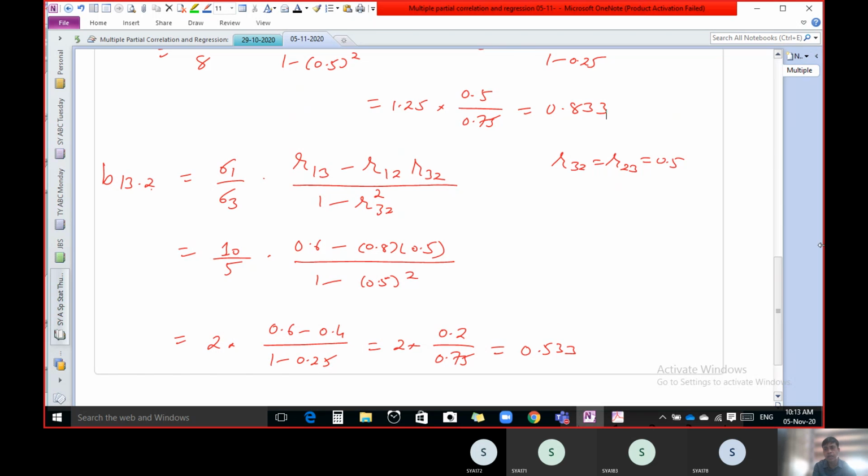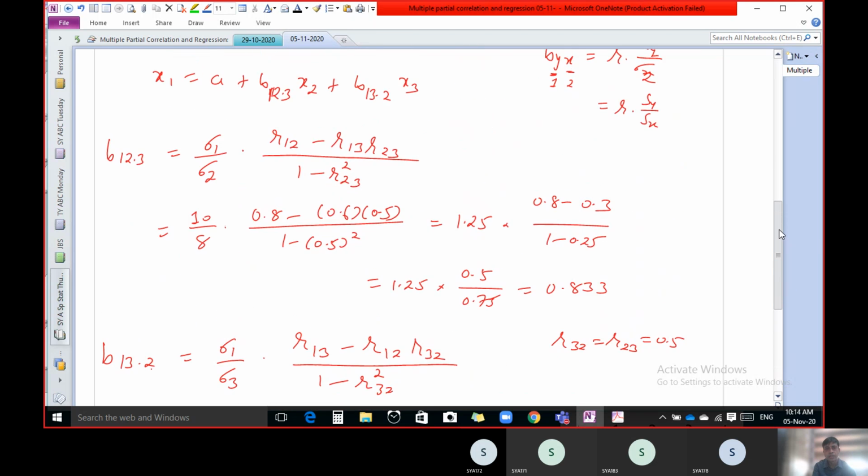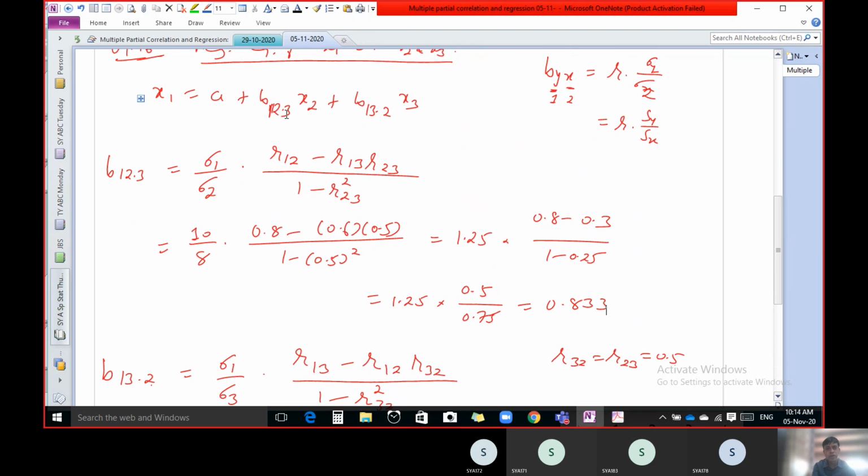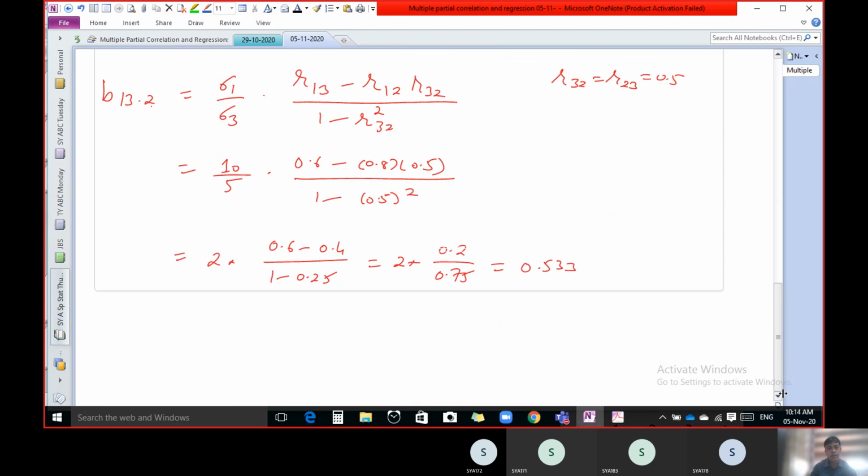Okay, so now we know the values of B12.3 and B13.2. Now we require only a. There is a formula for a. Our actual formula is x1 equal to a plus b12.3 x2 plus b13.2 x3.